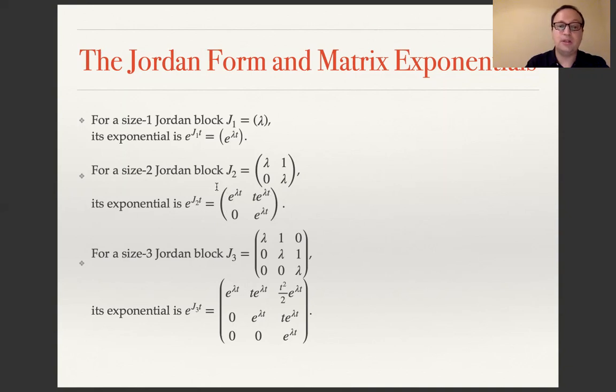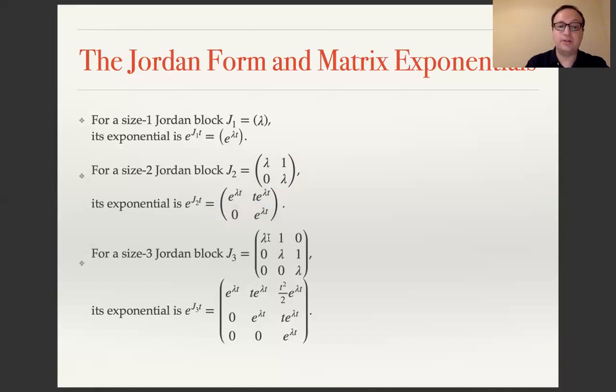Notice that the exponential of a size 2 Jordan block is also a size 2 block, but it's not a Jordan block, so it doesn't have 1 in the upper right corner. Anyway, this 2 by 2 block is replaced by this 2 by 2 block when we take the matrix exponential.